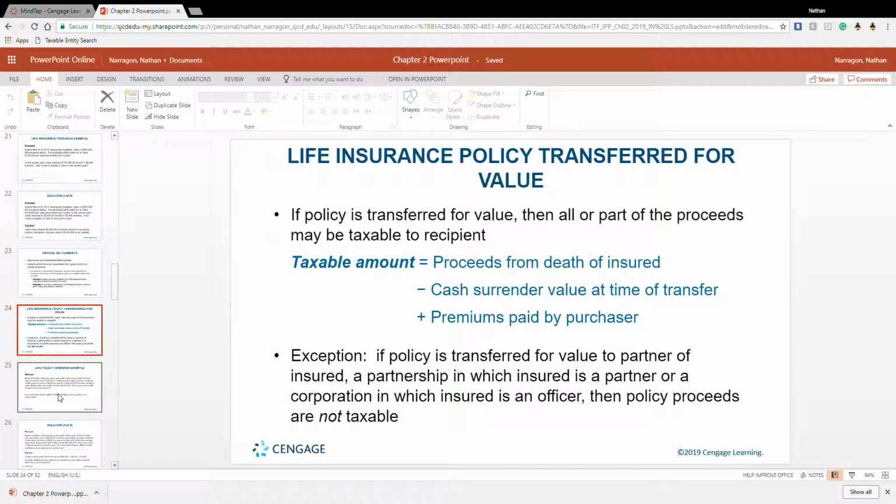Life insurance policies transferred for value. If a policy is transferred for value, then all or part of its proceeds may be taxable to the recipient. Basically, we sell our insurance. Okay, so the taxable amount is going to be proceeds from death of the insured minus cash surrender value at time of transfer plus premiums paid by the purchaser.